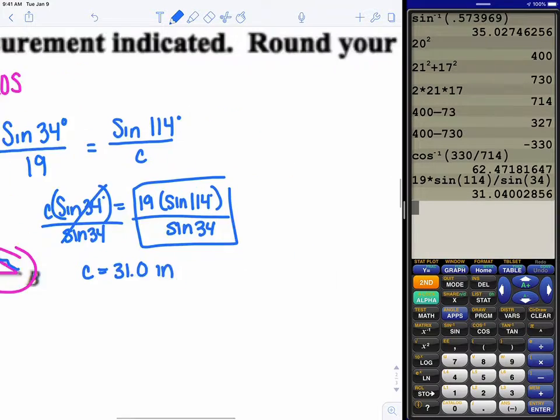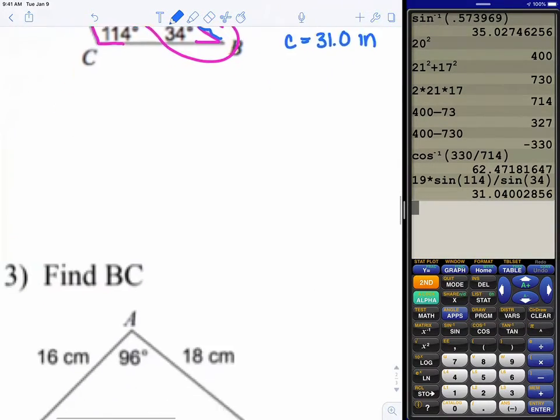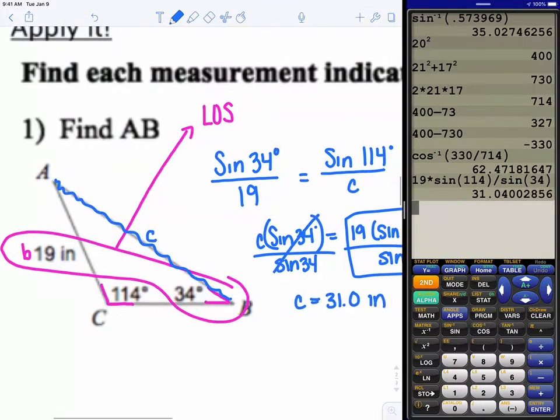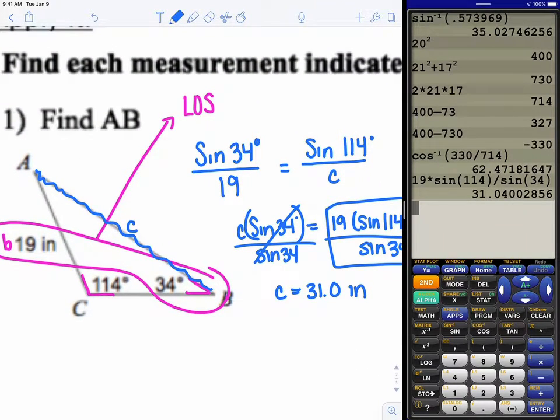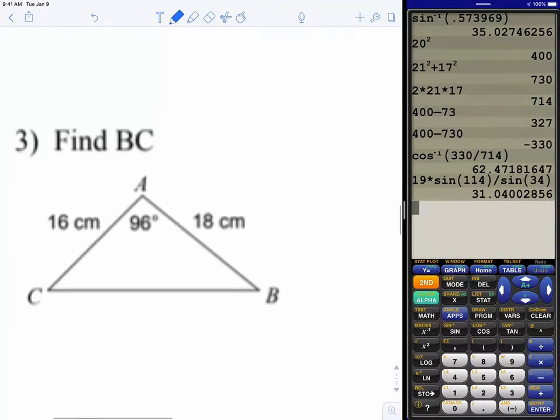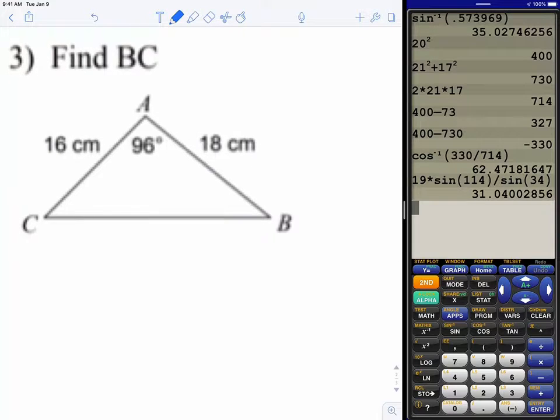Let's look at number 2. It is exactly like number 1, so we're going to skip it. Number 1 was about finding a side using law of sines. Number 2 is finding a side, but do we have a complete opposite pair of parts? No. We have angle A, side little c, and side little b, but we do not have a complete opposite pair.